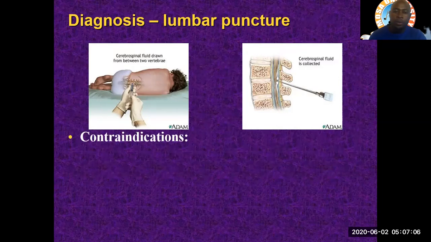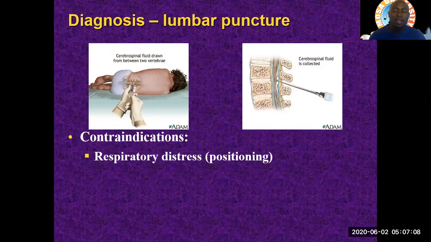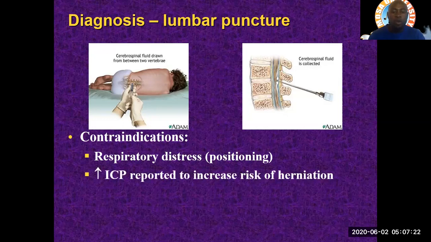But before you do a lumbar puncture, there are certain things that we consider, or things that are contraindicated. One of the most important contraindications is if you notice that there is an increase in intracranial pressure.